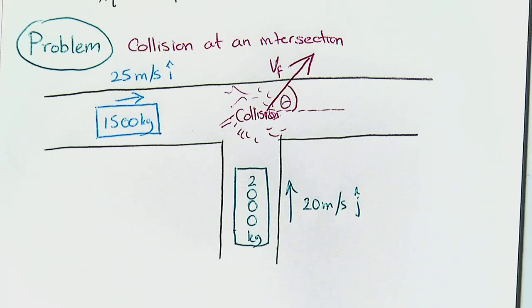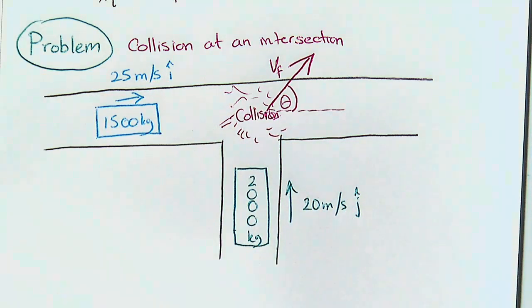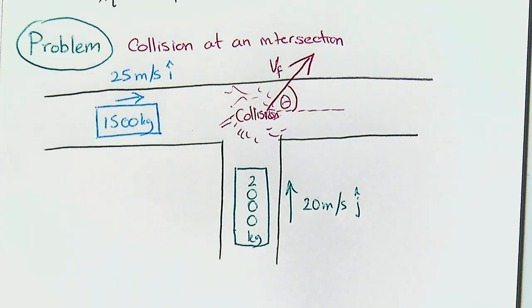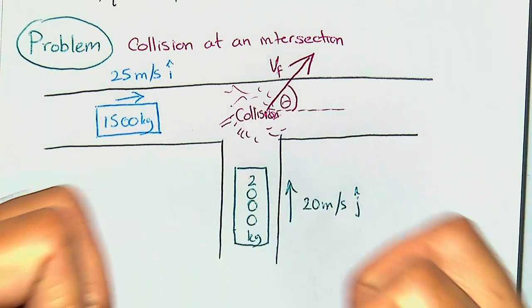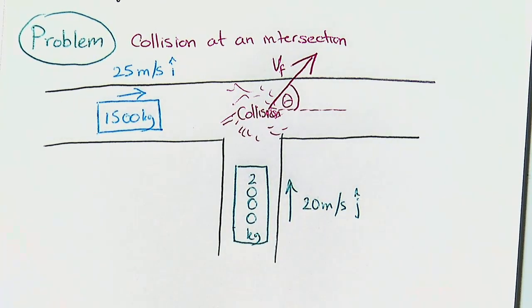So a couple of times now we've talked about collisions that collide and stick together. Not all collisions are like that. Some collisions, the things will collide and bounce off, right? So there are different outcomes. So colliding and sticking together is just one of the outcomes, and so we'll look at one case, and that's the case where they stick together.